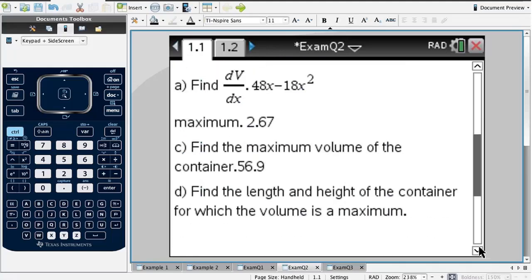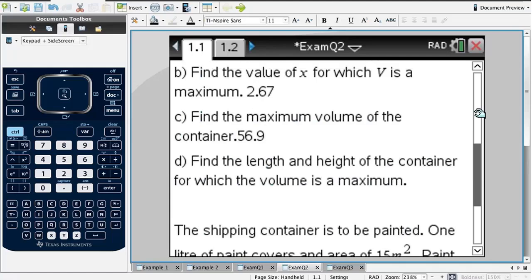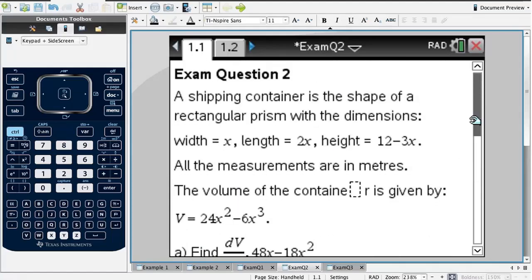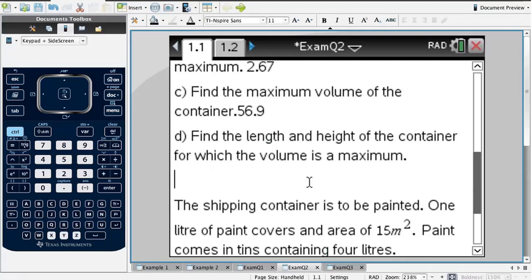And then find the length and height of the container for which the volume is maximum. So the length was 2x, and the height was 12 minus 3x. So the length would equal 2 times 2.67, so you can just do it on a calculator document.